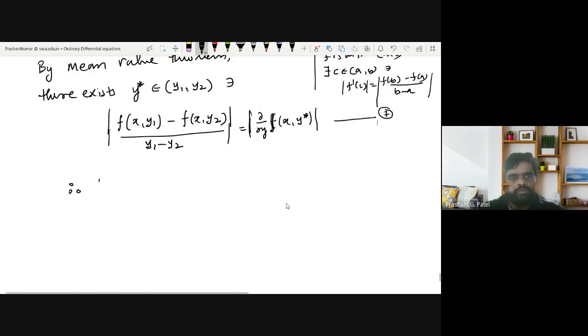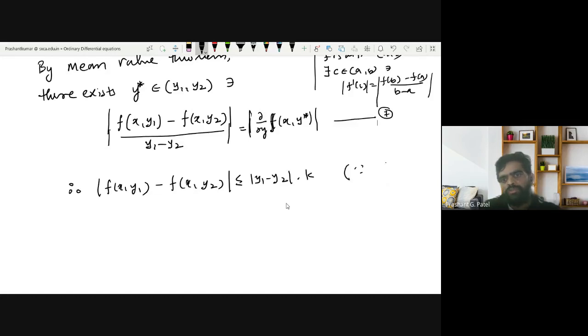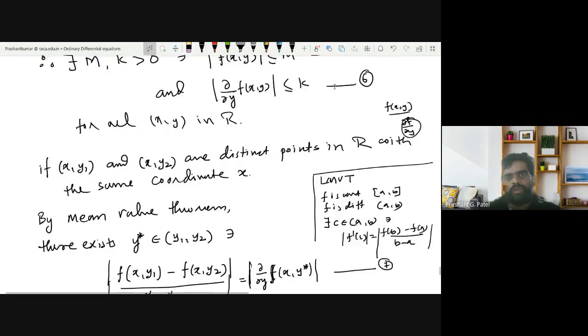therefore |f(x,y1) minus f(x,y2)| is less than or equal to |y1 minus y2| times k. This is because of 6. For any point (x,y) we can say that, because 6 says that this derivative is bounded by k.